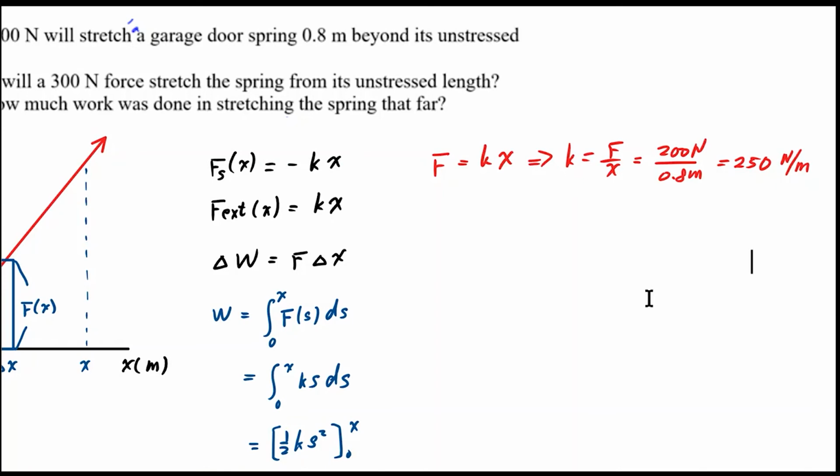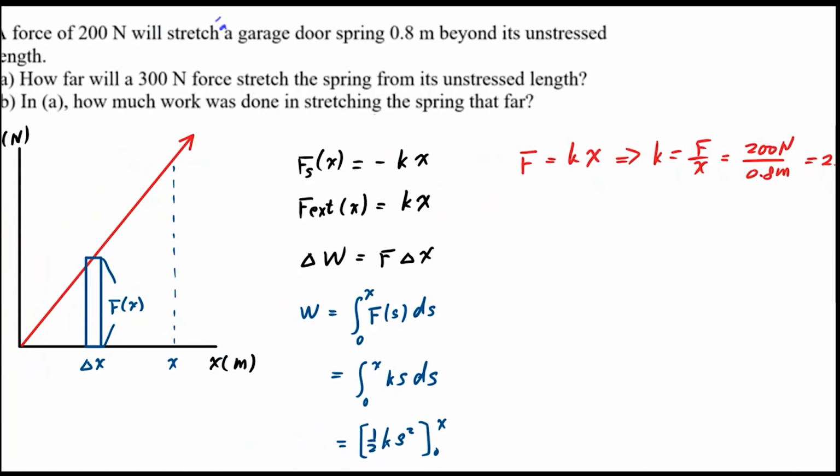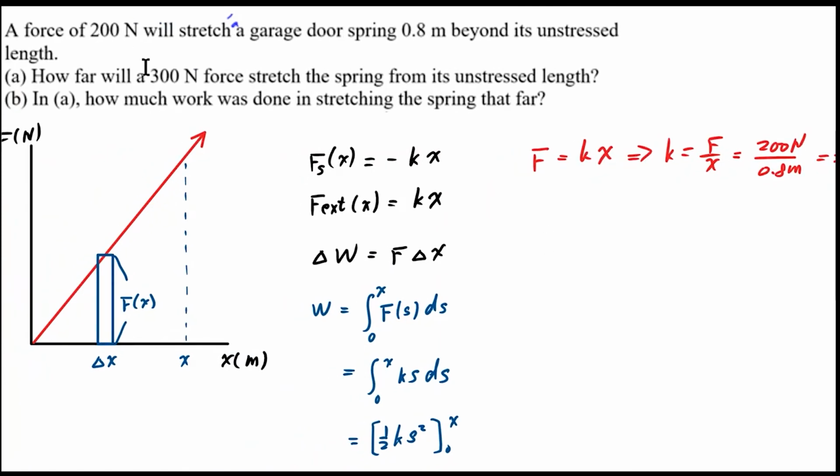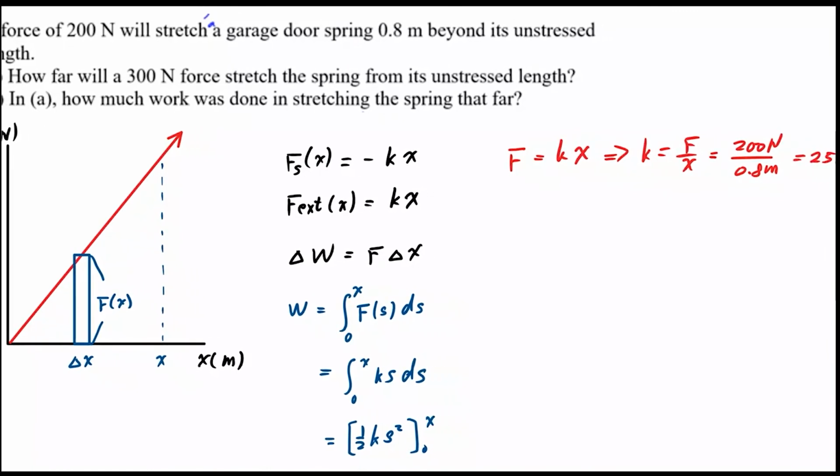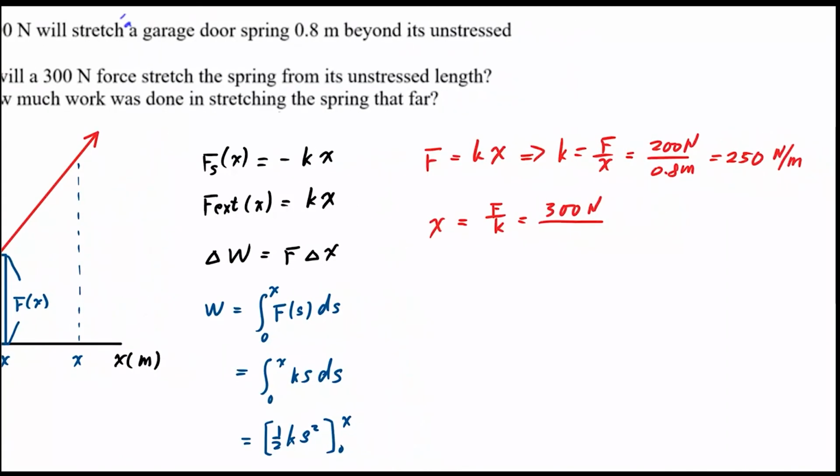Now, then we have to figure out, well, the 300 Newton force. So we are now exerting 300 Newton. And then we have to figure out how far that spring will stretch. So now what we have to do is x here is equal to F over K, isn't it? And then we are using 300 Newton over 250 Newton per meter.